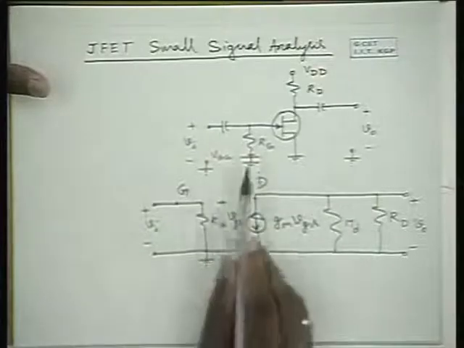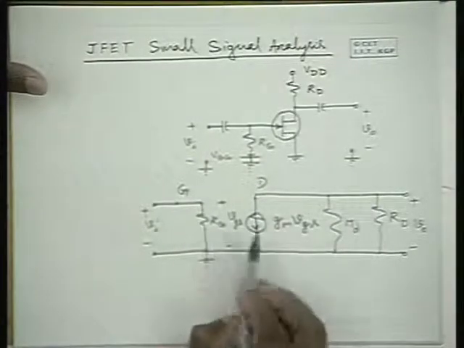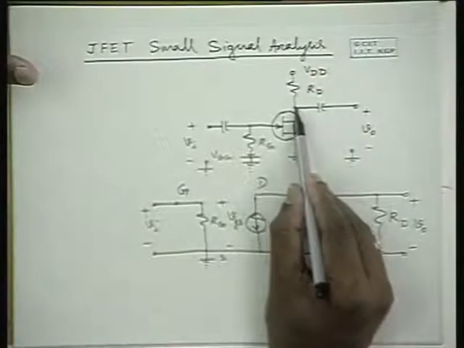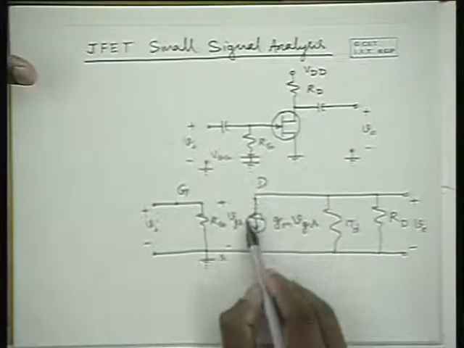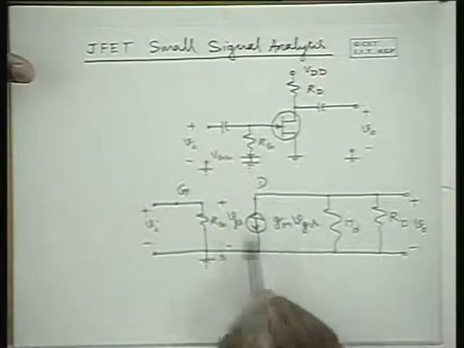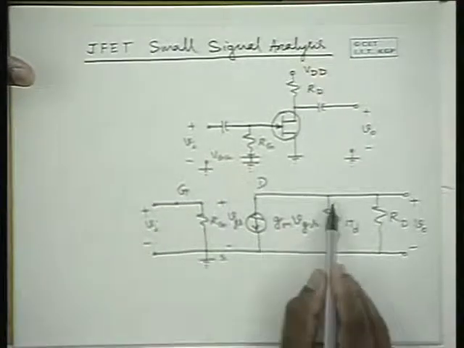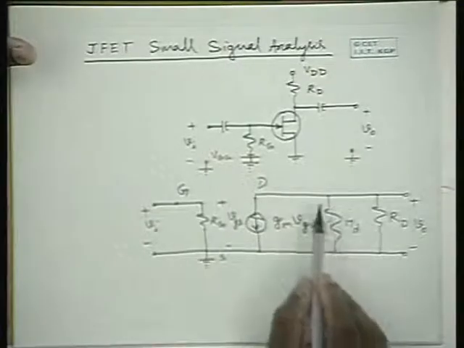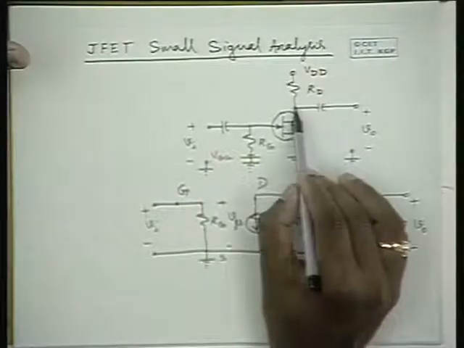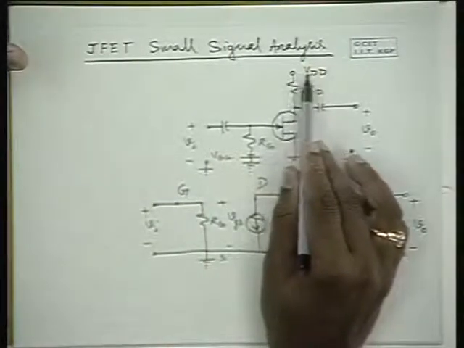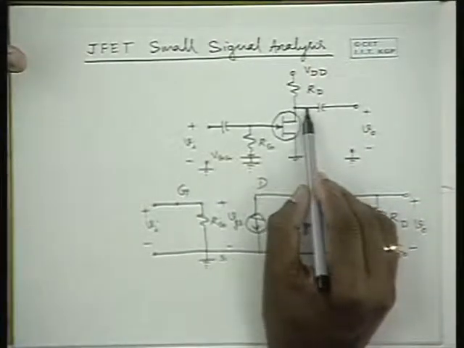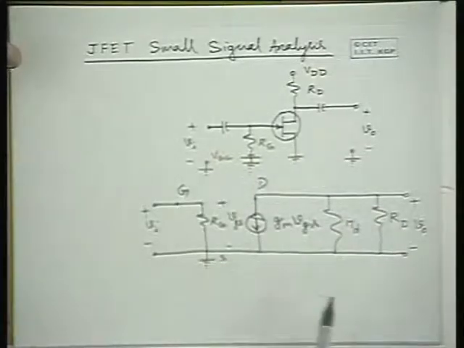So with VGG replaced by a short circuit, between gate and source you have RG coming into the picture. Between drain and source, you have the gm VGS voltage controlled current source, and small rd also comes in parallel with this, and capital RD, since VDD is replaced by a short circuit, comes between the drain and the ground, that means the source.